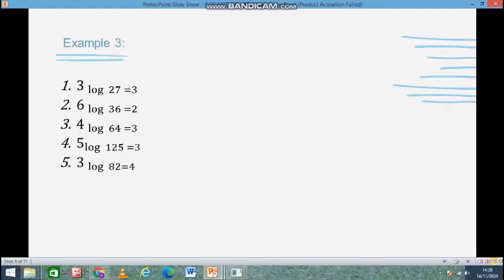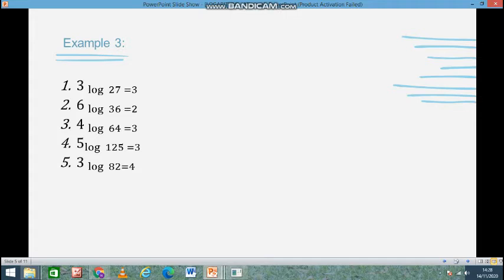Example 3. In example 3, we will look for the logarithm, namely number 1, 3 log 27 equals 3. Number 2, 6 log 36 equals 2.